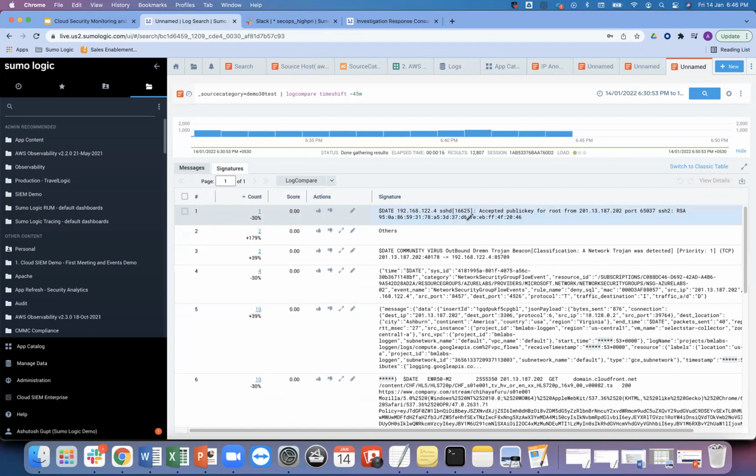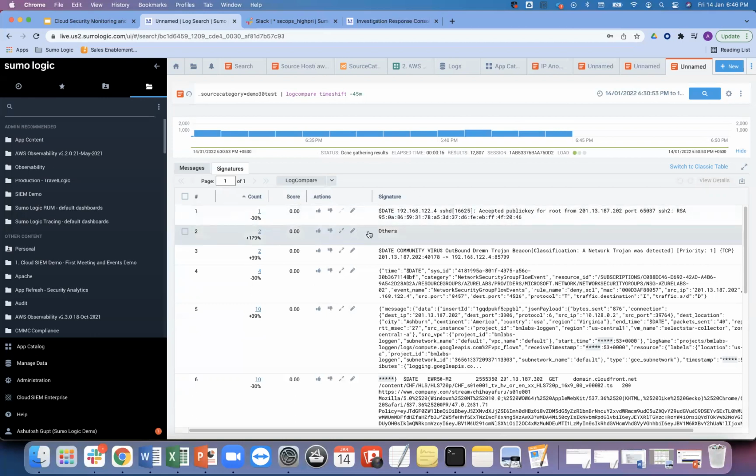So if I have a close look again, this public key access, the same kind of message which appeared once I ran the log reduce, has a potential number of times it happens, and there's an increase in the volume itself.